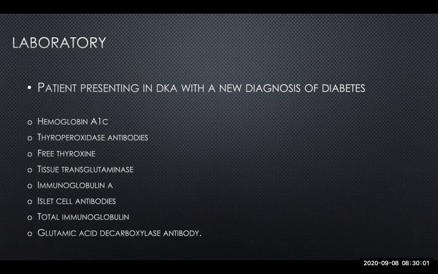When they are positive, it's because there is an autoimmune disease, and that happens with type 1. The one that is positive in 30 to 60% of patients is the thyroperoxidase antibody, because they often have autoimmune thyroid disease.